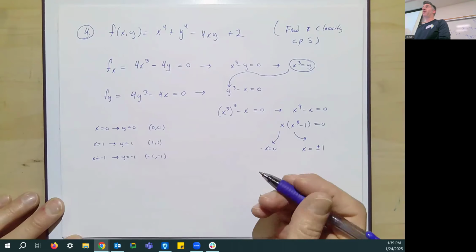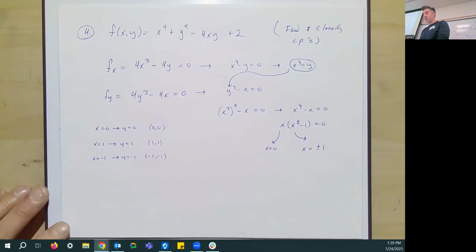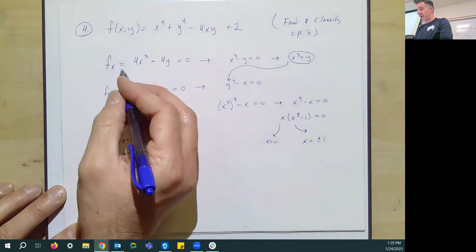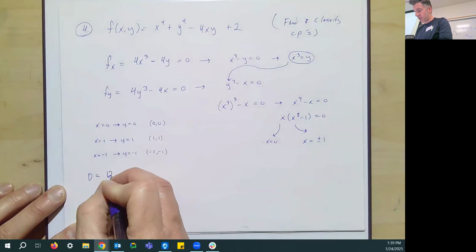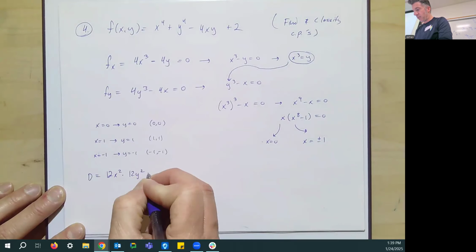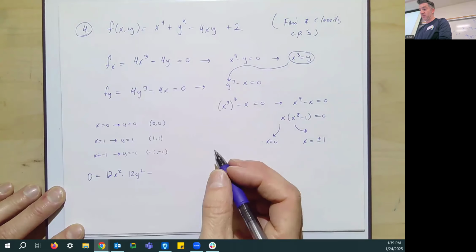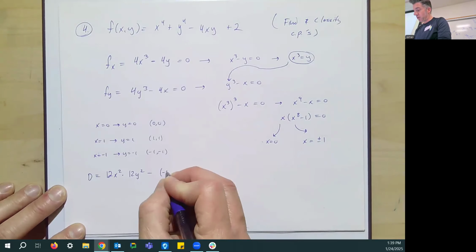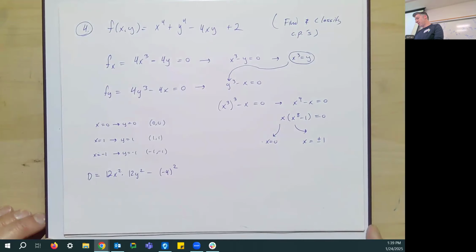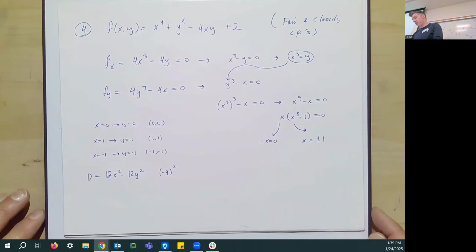All right, so now we have to classify all three of these. So we're going to find our capital D. Capital D is going to be fxx, which is 12x squared, times fyy, which is 12y squared, minus fxy, which is negative 4, squared. I can say without reservation, you almost never want to simplify this.